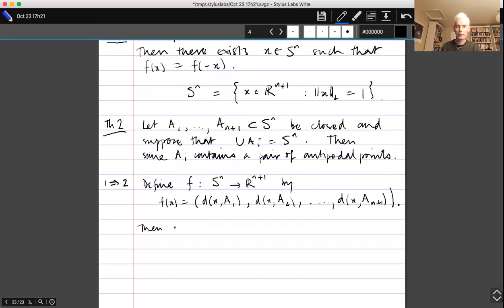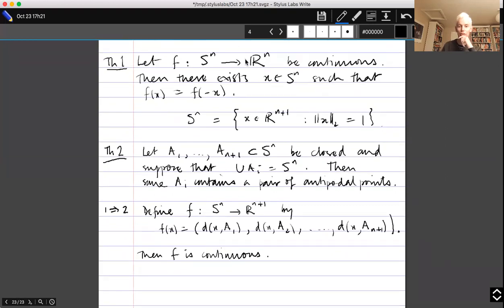Then f is continuous. But it looks as though we can't deduce anything, because theorem 1 only tells us about functions from S^n to R^n, and we've got a function from S^n to R^(n+1). However, we're not in quite such bad shape, because what else do we know?